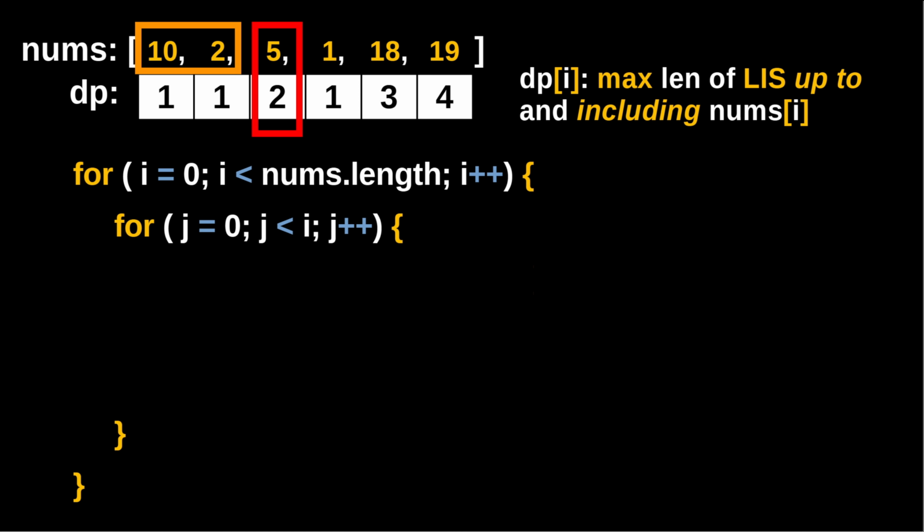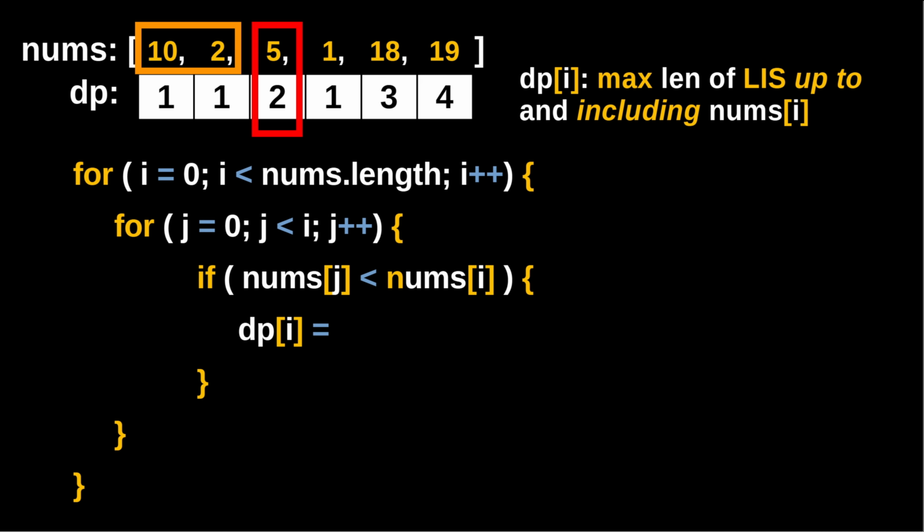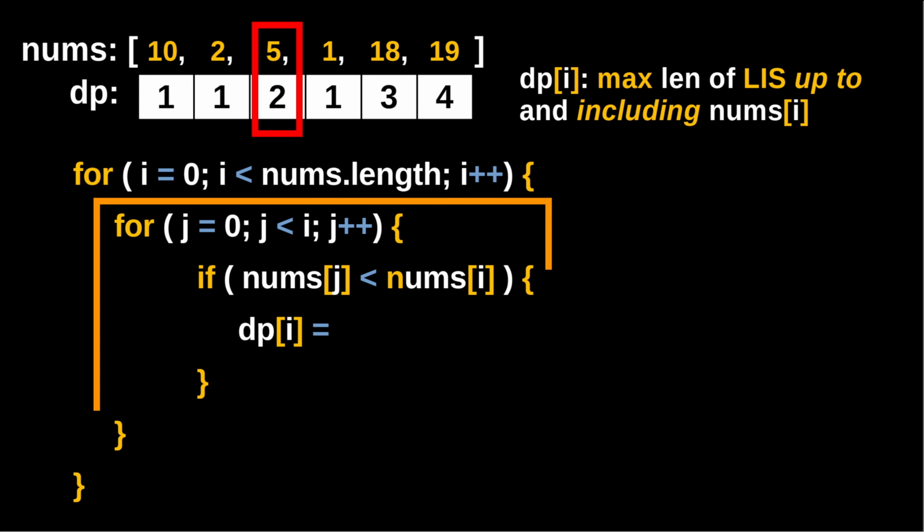And how do we know that there is such an element? Well, that element has to be less than 5 in order to make an increasing subsequence that includes 5. If none of these elements can be part of an increasing subsequence with 5, then we always have the element 5 by itself as an increasing subsequence.